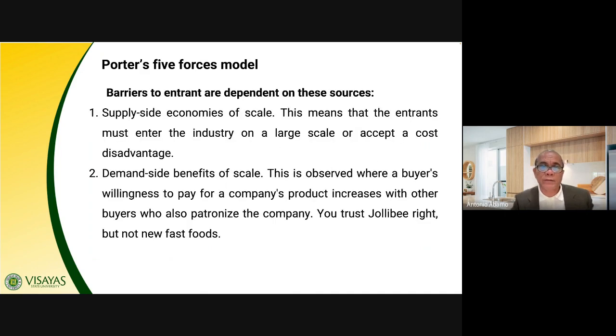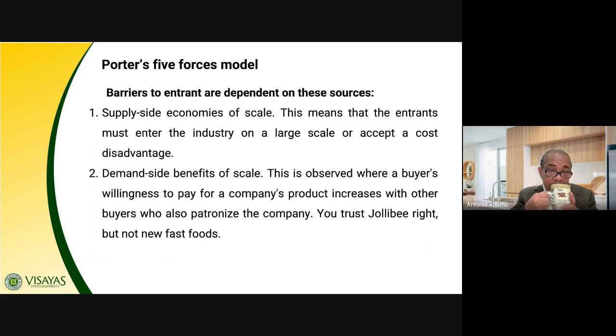Barriers to entry depend on, for example, the supply side or demand side. Meaning, an entrant must enter the industry on a large scale. If a huge investment is required to enter that market, it will deter new entrants. You really need to be big before you can penetrate that market.